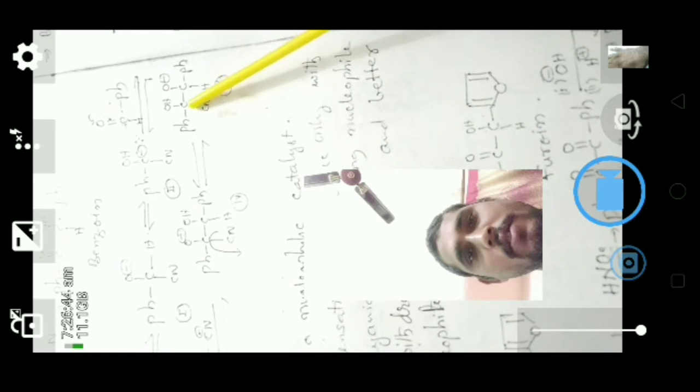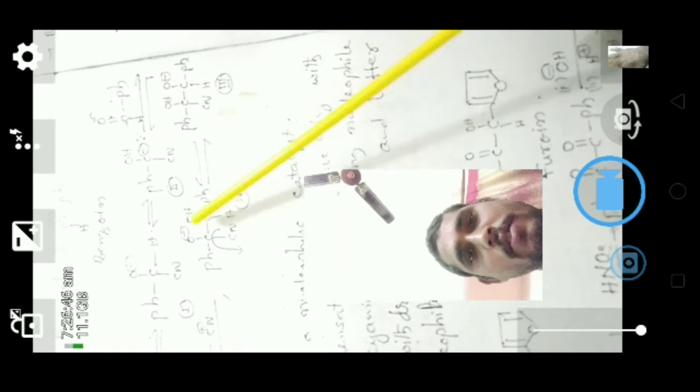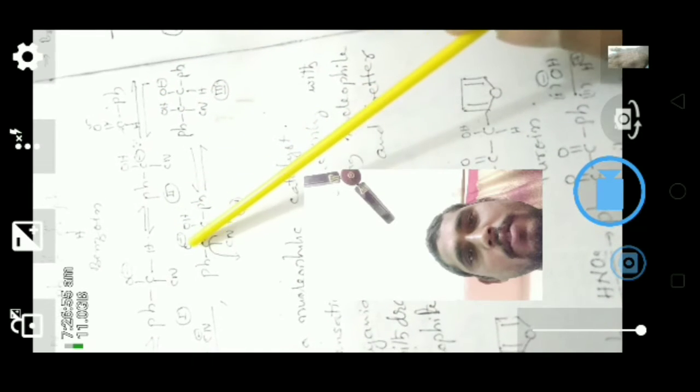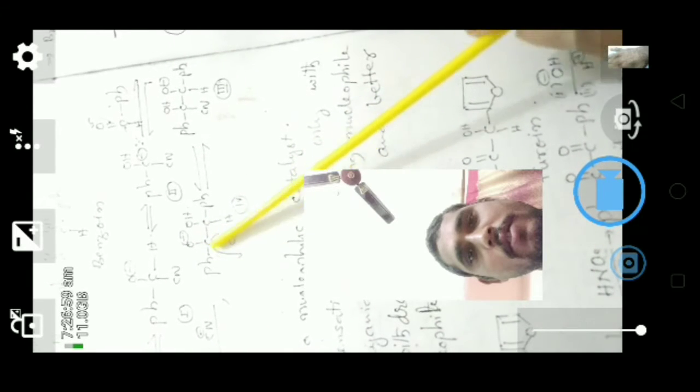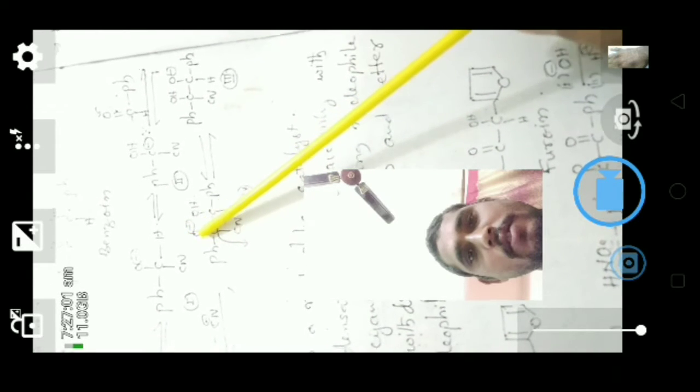Here the proton shifting takes place from this oxygen to this oxygen, and the alkoxide ion is formed. By losing cyanide ion, the keto group is formed. That is the benzoin reaction, and that is the benzoin product.